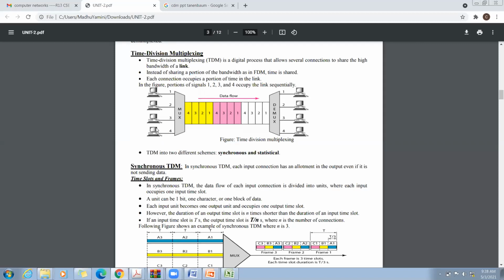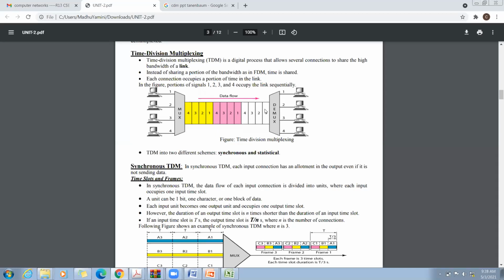Here we have 4 inputs, this is a time division multiplexer, and on the right side is the time division demultiplexer. In between the multiplexer and demultiplexer, we have time, and the time is divided into slots.